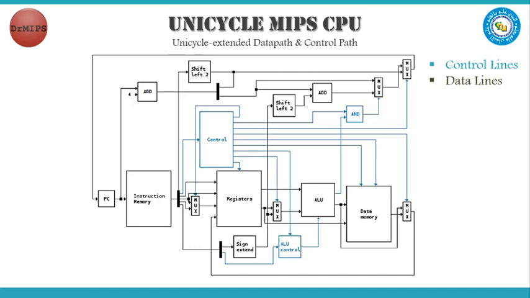We can see it in the demonstration of the MIPS simulator. I'm not focusing on describing it in detail because my focus is on the pipeline CPU version of the MIPS processor.